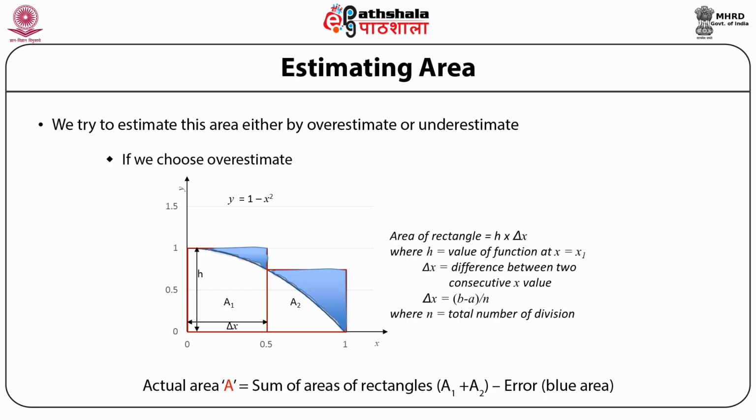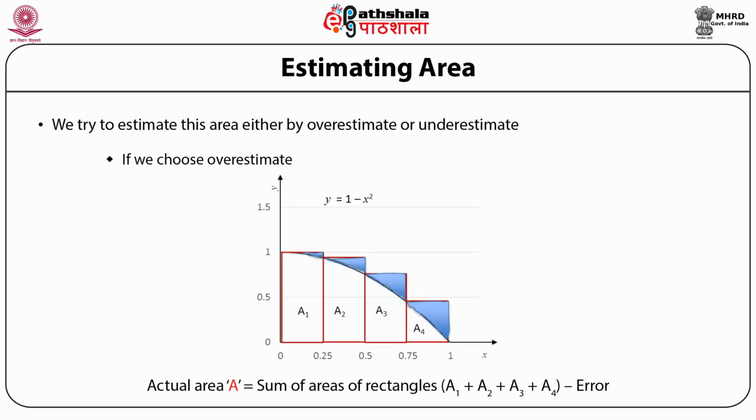So we are using a lot of squares to find the area and subtract the blue region. And you can actually see, if we add the rectangles, that area is going to be more than the area of the curve. By that blue region, it will exceed.